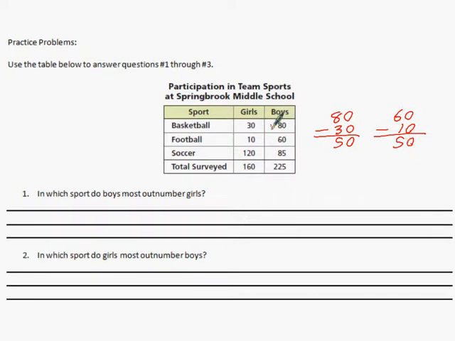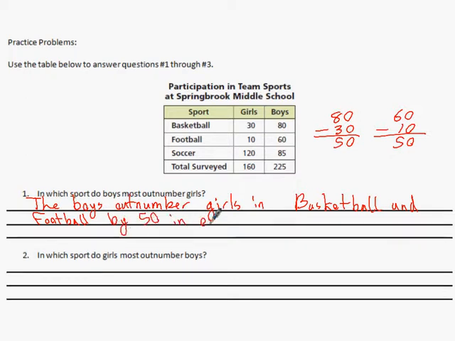So that's what we're going to say. So the boys outnumber girls in basketball and football by 50 in each. So it's tied.